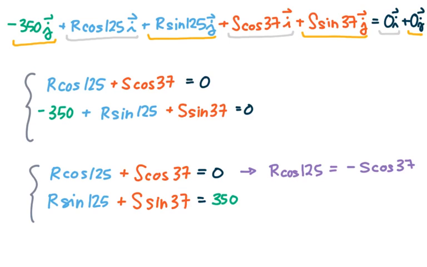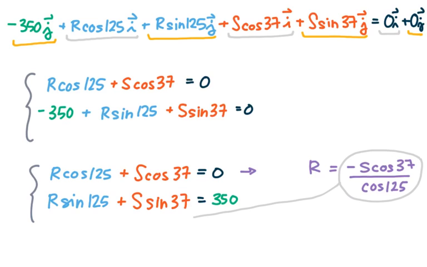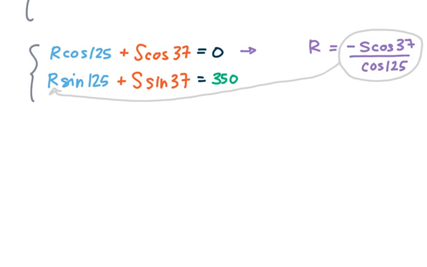Or rather, I could divide by this cosine 125 on both sides, and I'll just have that R equals negative S cosine 37 over cosine 125. At this point, since I know this is equal to R, I'm going to use substitution to sub that in and solve the equation. At that point, I'll have the equation only in terms of S. I will only have an S variable.